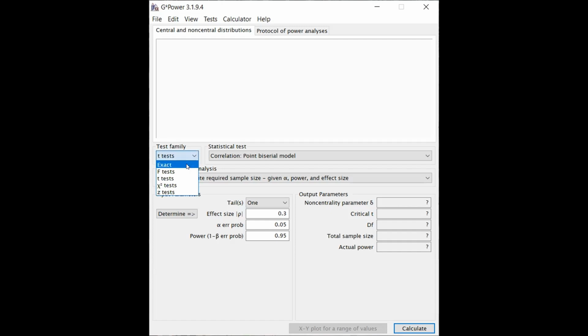Okay, look, they're exact tests, F tests, which are ANOVAs and MANOVAs, t-tests, which test for group differences, usually two groups, chi-square and Z-tests, which I think are mentioned in your lecture this week.